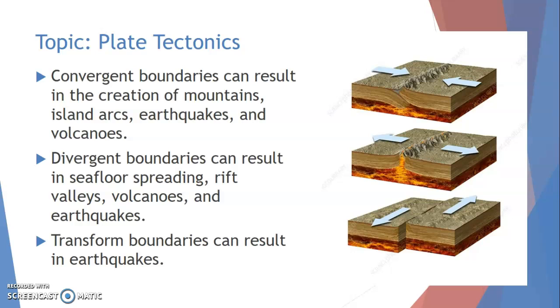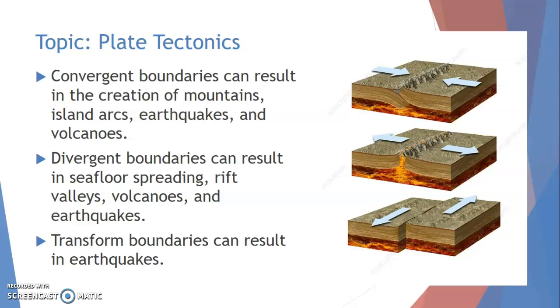So as a reminder, convergent boundaries can result in the creation of mountains, island arcs, earthquakes, and volcanoes. So remember, a convergent boundary is where you have two plates that push together. So basically, the lithosphere of the Earth, the top portion of the crust, is broken into plates. And these plates move, right?